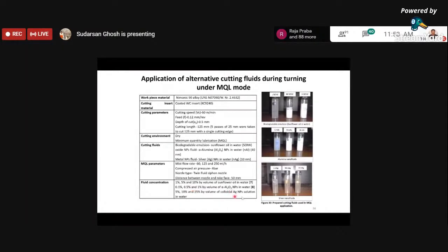For the colloidal silver solution, the percentage of volume is kept a little bit on the higher side. So these are again the images of the nanofluids, as well as the sunflower oil biodegradable fluid which has been developed in-house.